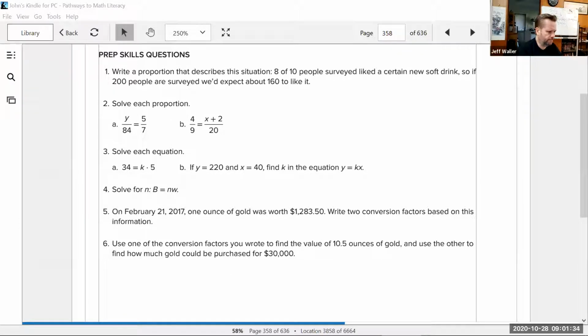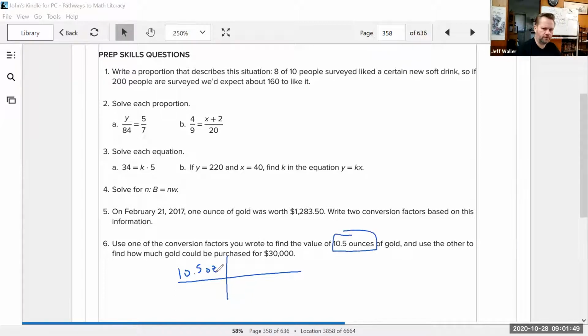If you write 10.5 ounces of gold, can you convert that to money? Let me write that. Can you put the conversion you got in number 5 in the right way here to convert from ounces to money? That's all it's saying, right?